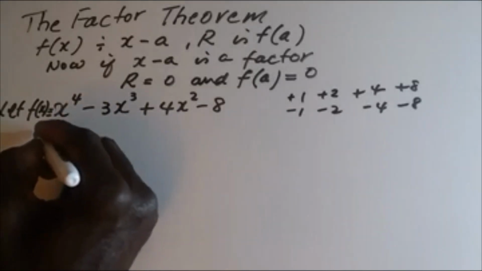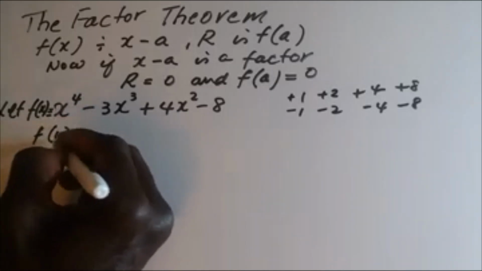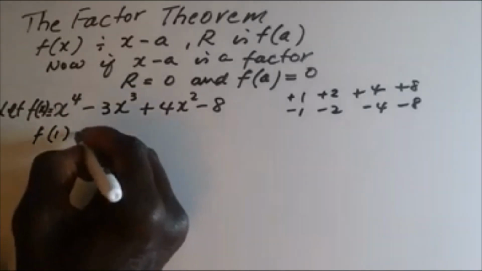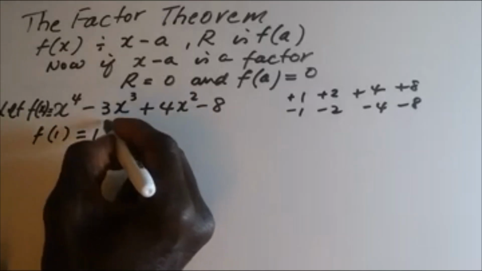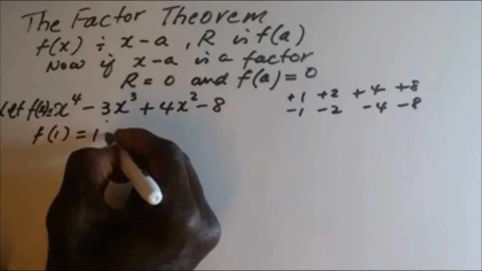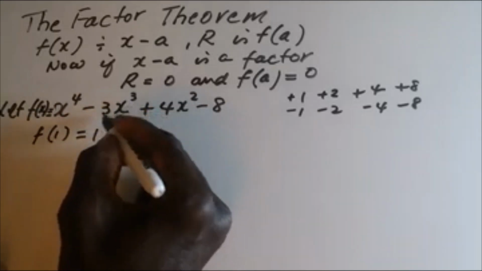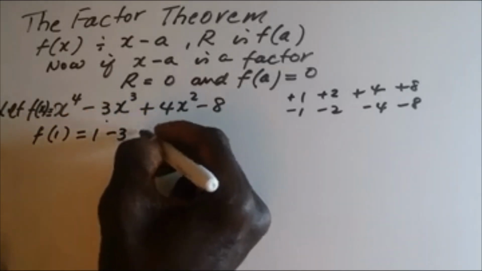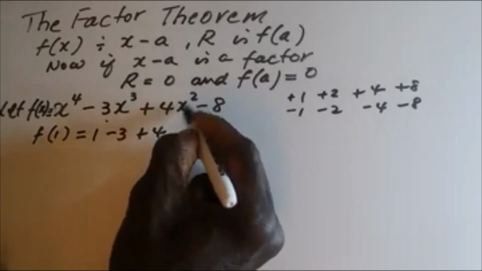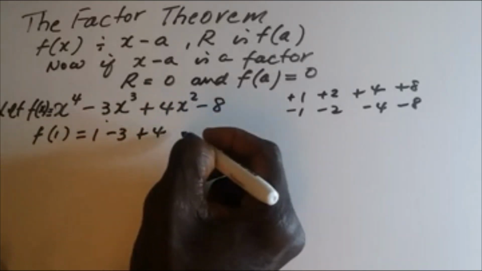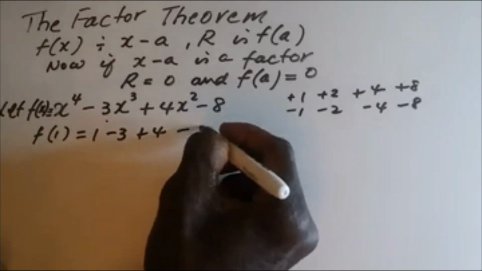So first we try f of 1. That's equal to 1 to the 4th power, which is 1, minus 3 times 1 cubed, and 4 times 1 squared, and minus 8.